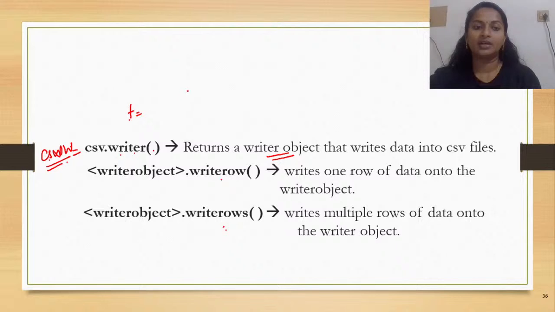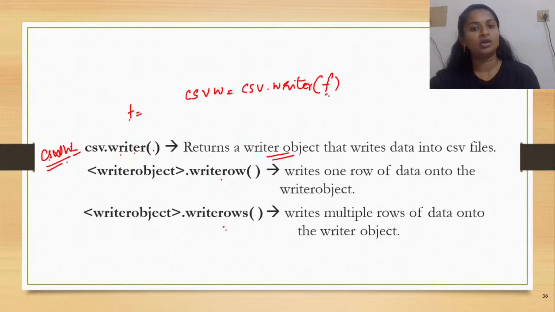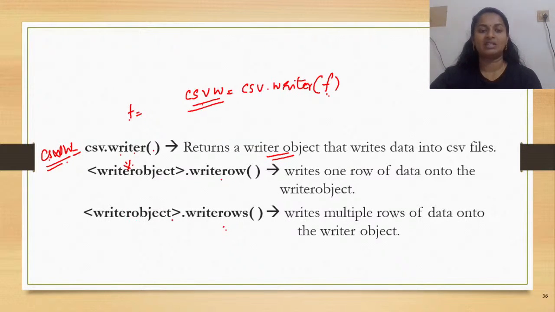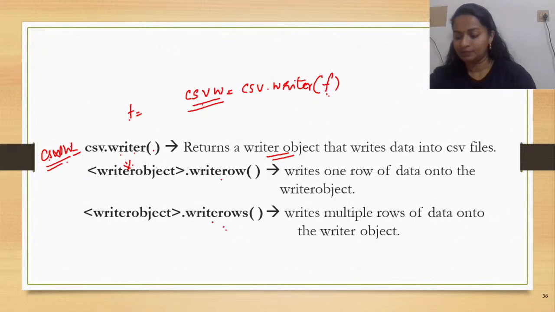So you write it like this: csv.writer of your file object. For this file object, corresponding to this CSV file, you use the writer function, and it creates a writer object which is stored in csvw, and it is this value that you will be using in place of the writer object. So how do you use it? csvw.writerow or csvw.writerows.